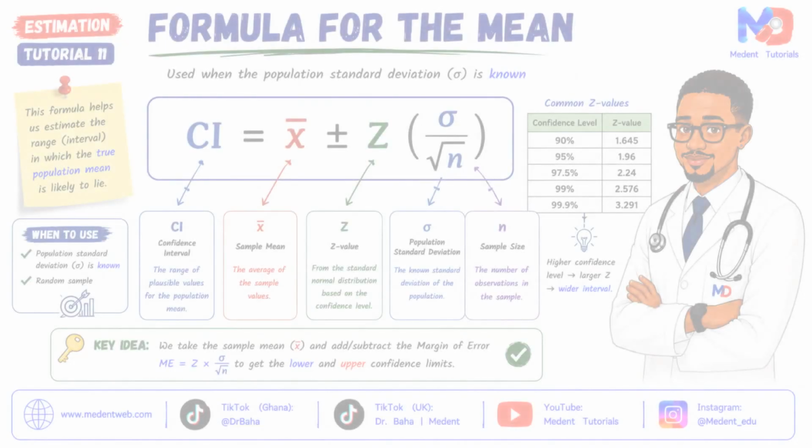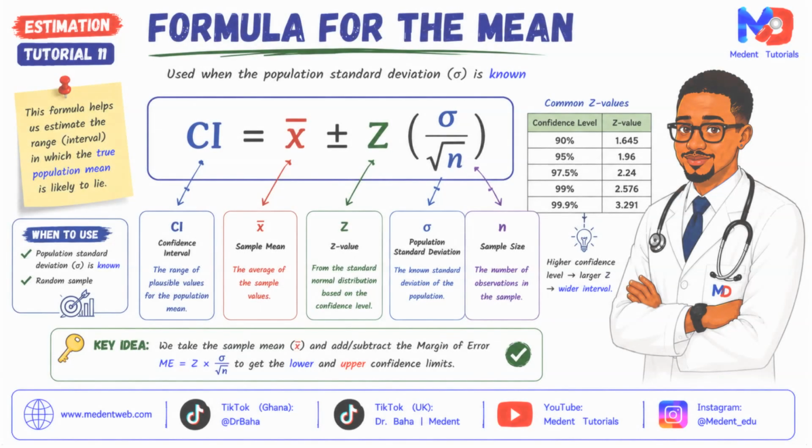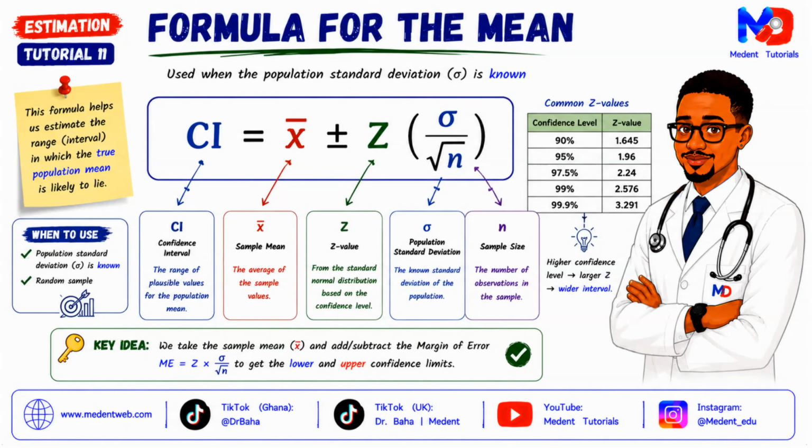When the population standard deviation is known, we use this formula to calculate the confidence interval for a population mean. The sample mean is our first estimate of the population mean.